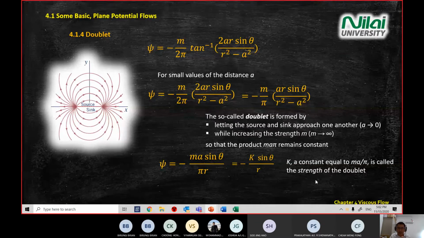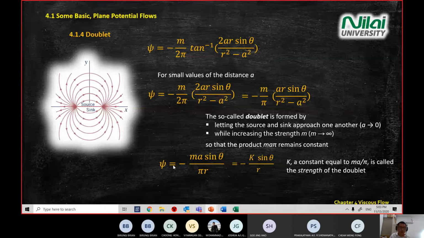For doublets, ma divided by pi is the strength. ma divided by pi equals the strength for doublets. Just now we had the strength for the source.